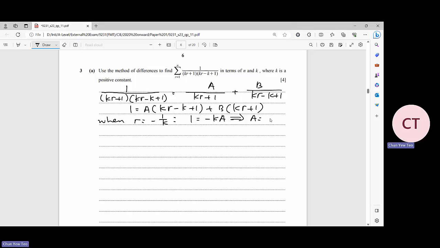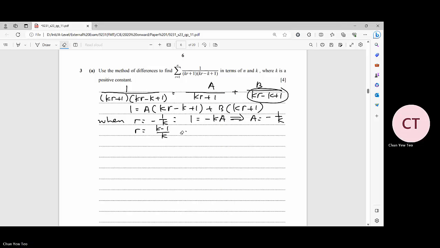So your A is negative 1 over k. Then when r is equal to k minus 1 over k, how do I get this value? Actually, you just need to let this thing equal to 0. Then you can get this answer.